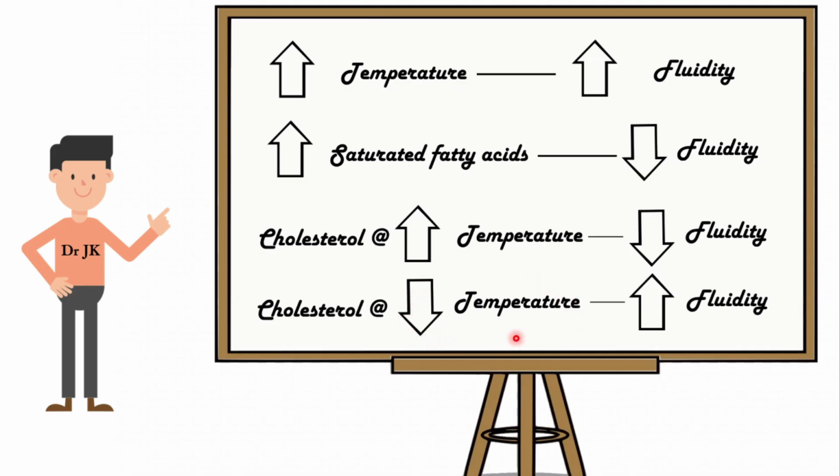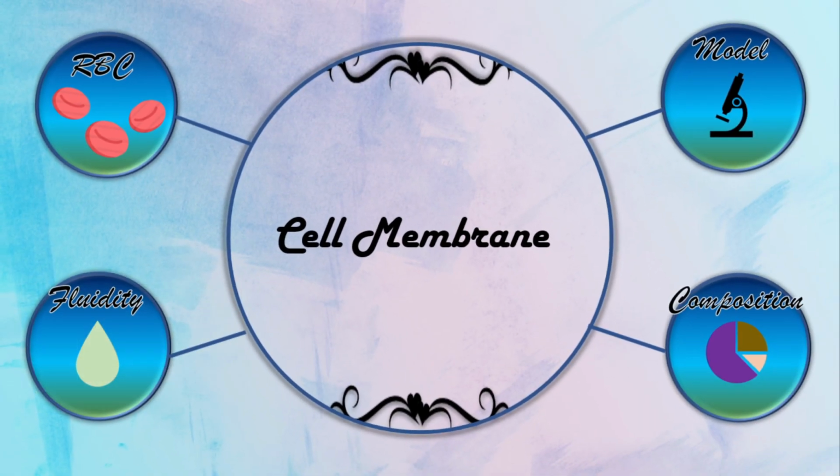When temperature decreases, it pulls all the fatty acids together, thereby decreasing the fluidity, but at the same time cholesterol will push all the fatty acids away from each other, thereby increasing the fluidity at low temperature. So cholesterol alone has a dual role depending on the temperature, thereby affecting the fluidity correspondingly.